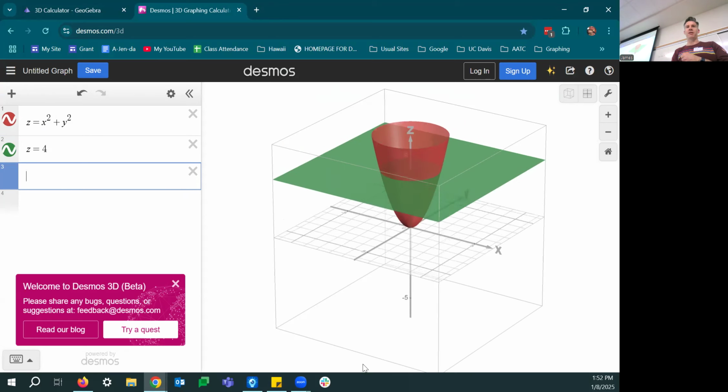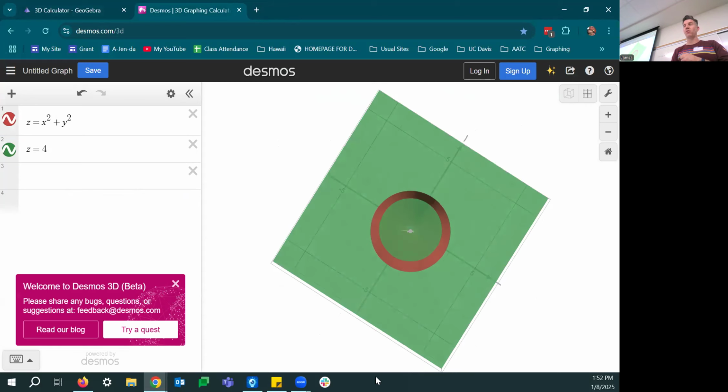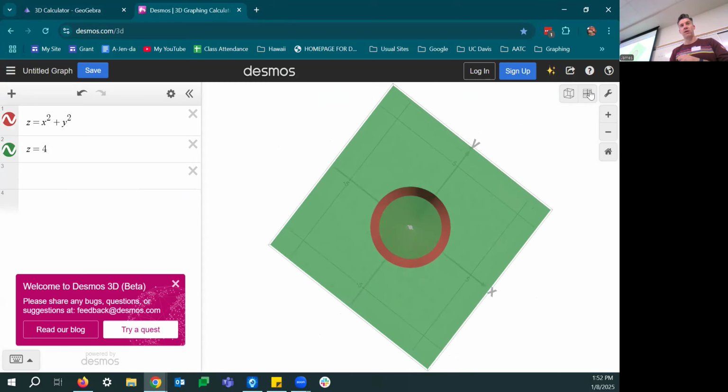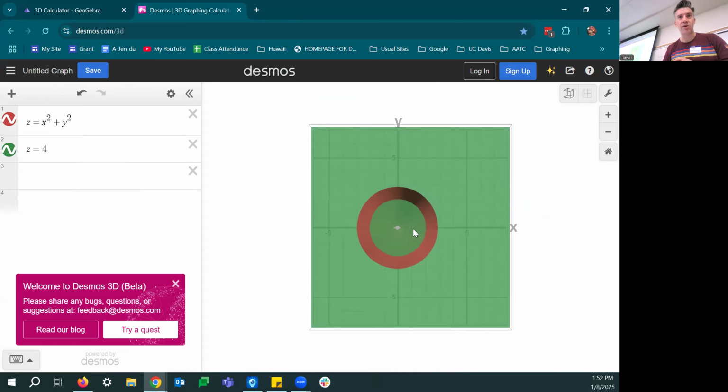There we go. So you can see their intersection is exactly a circle. And if you look extra close, you can see it's a circle of radius 2. It's kind of hard to see the grid marks there, but that end of that circle is exactly where 2 would be. So yeah, circle of radius 2. Great.